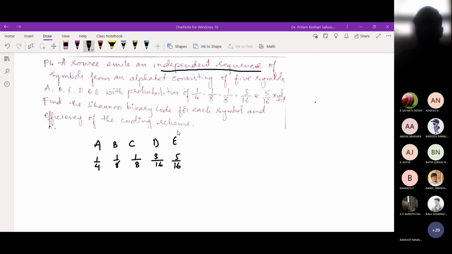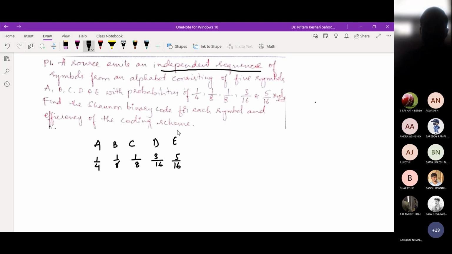We will see by solving this example. I will explain the step-by-step procedure, and I request you to follow the step-by-step process of solving this example.